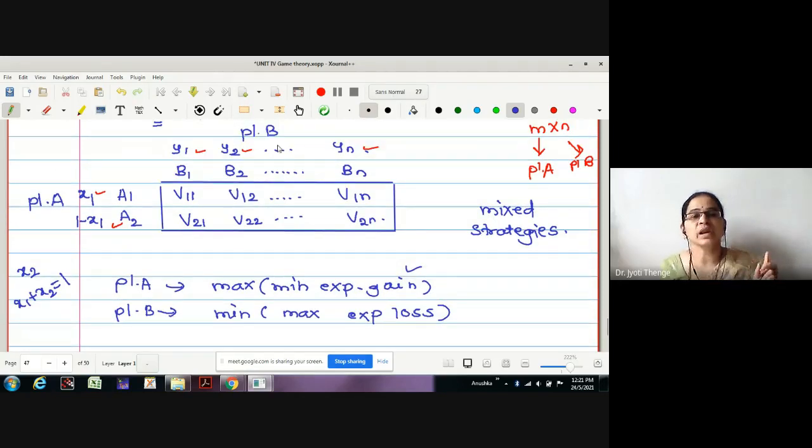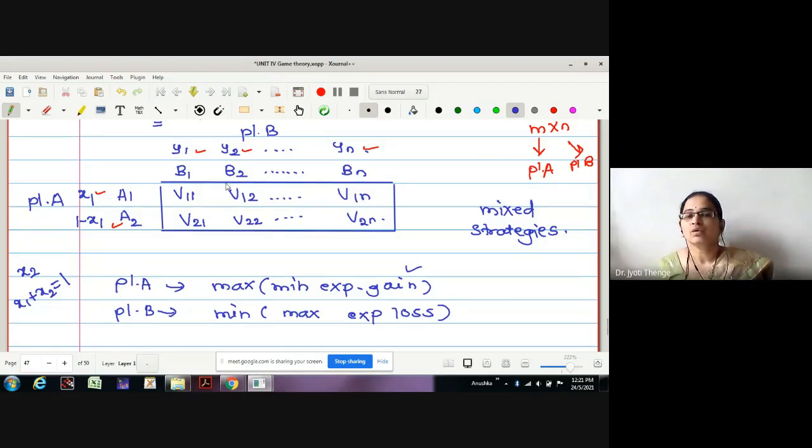Assuming player B plays one activity at a time, we were finding the expected gain of player A. Therefore, here also, if we assume player B plays the first activity only, what will be the expected gain of player A?